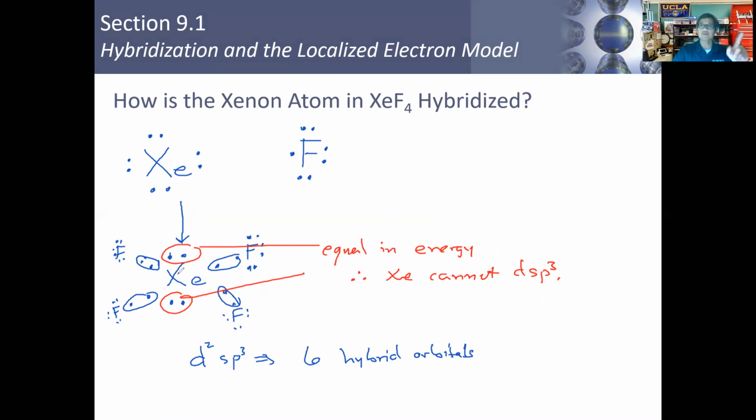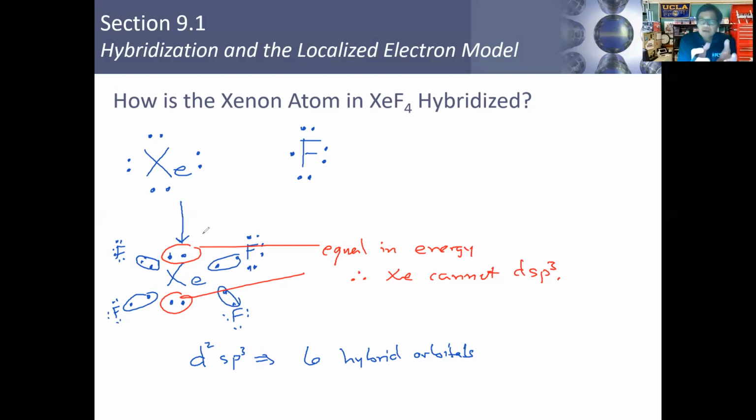When we discuss photoelectron spectroscopy at the end of this chapter, we're going to see that these 2 here are equal in energy. If they are equal in energy, then they are degenerate with these orbitals here.